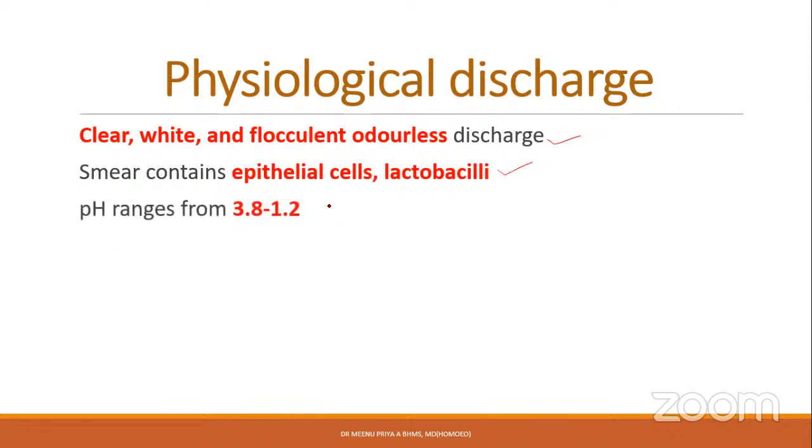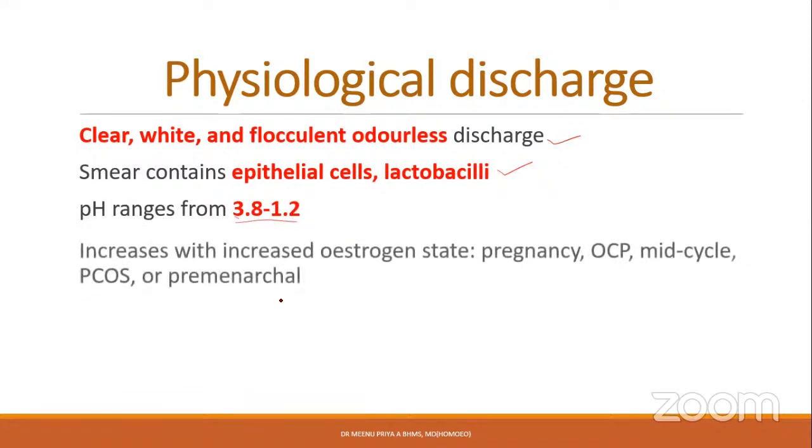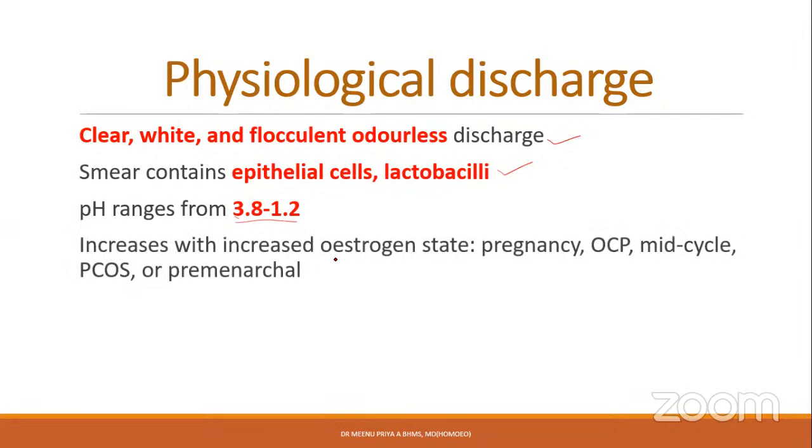And the pH of the discharge, not of the vagina but of the discharge, ranges from 3.8 to 4.2, and increases with an increased estrogen state. This occurs during pregnancy, if the female is taking oral contraceptive pills, mid-cycle that is during ovulation, and PCOS is a condition where there is an increased estrogen state.